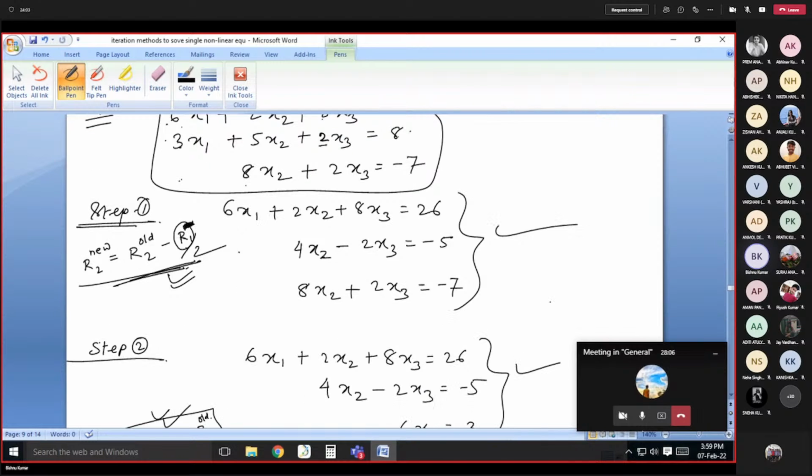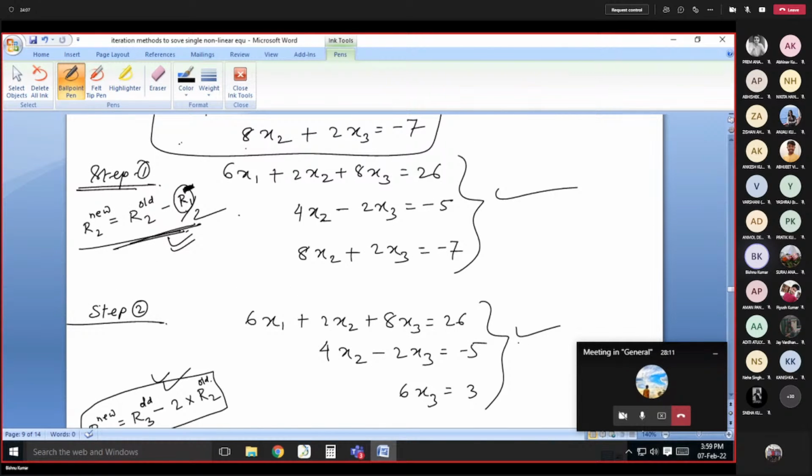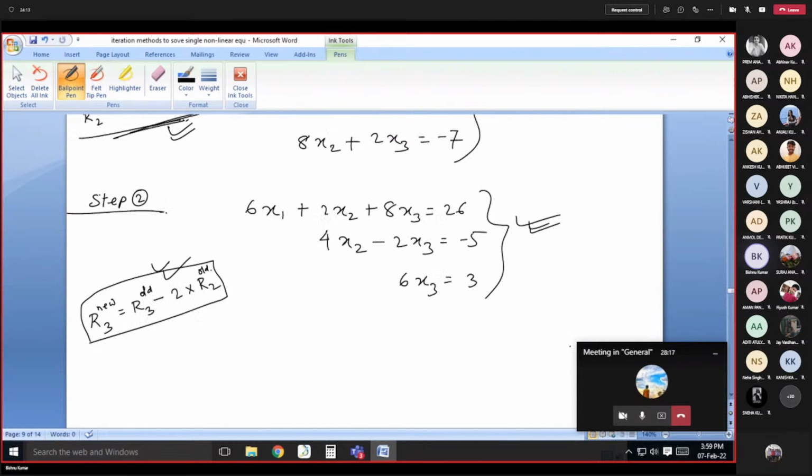Equivalent means the solution of this system equals the solution of the other. So whatever solution you get is the original solution. After transforming the original system into upper triangular form, we simply solve this system.